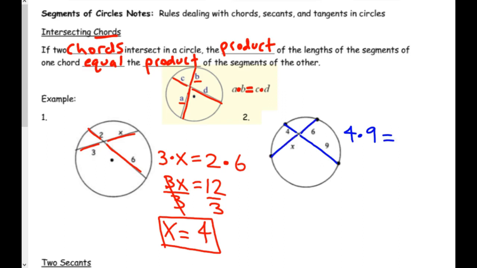X times 6. When you write multiplication, the order doesn't matter, right? 4 times 9, what do I get? 36 equals, now x times 6 is the same thing as 6 times x. It's going to be 6x. And how do I get rid of that 6? Divide.